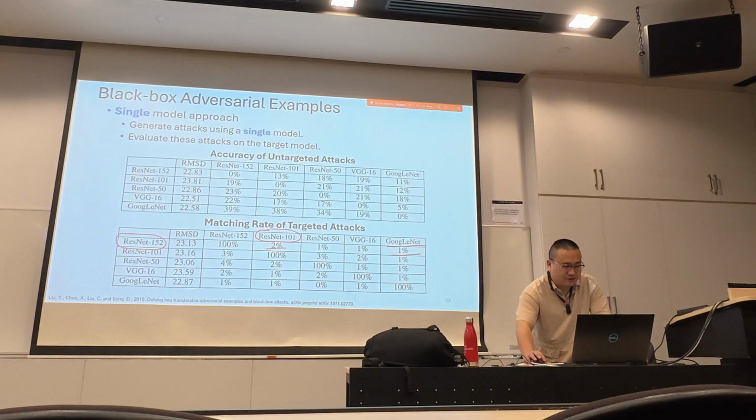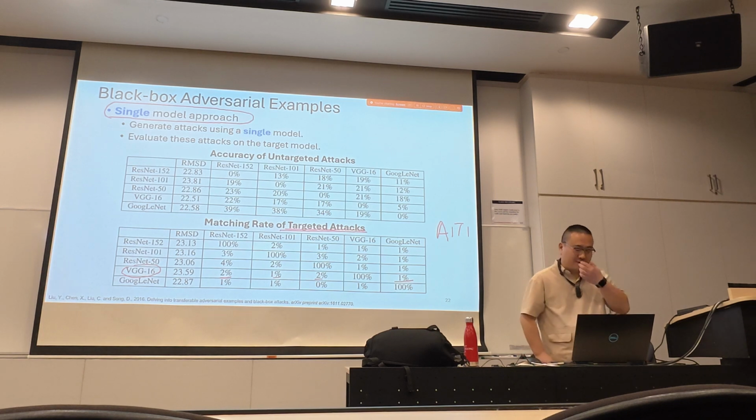This is universally true for the other settings like VGG16, where only 2% of the time we can succeed. So if you are only training a single surrogate model using this strategy, you will not succeed for the targeted attacks, and you can only get close to 0 marks for the performance.